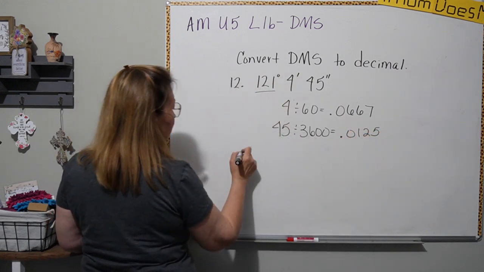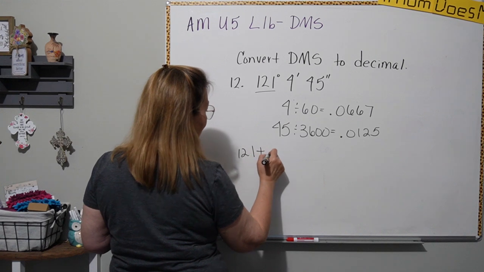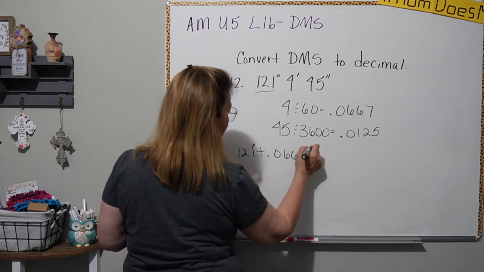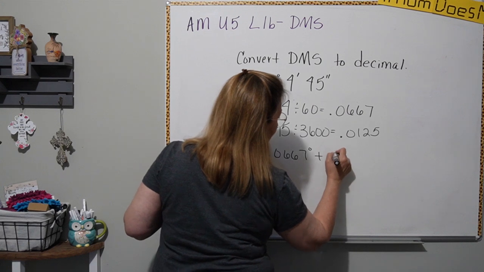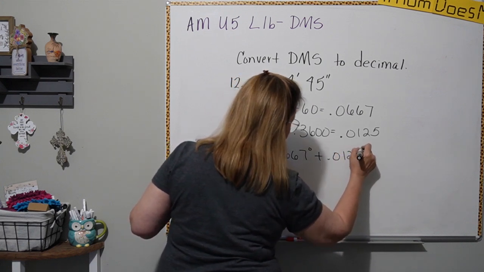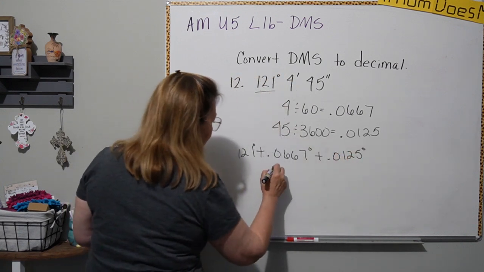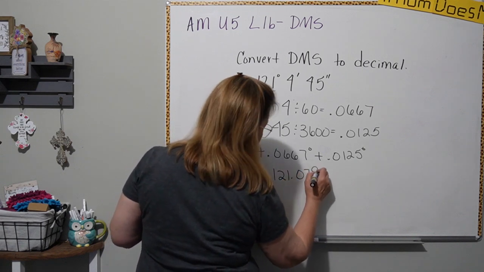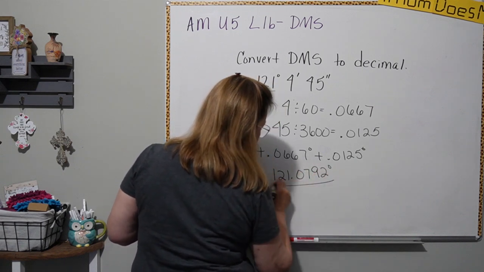So now what we're going to do is take 121 and we're going to add 0.0667, these are all degrees, plus 0.0125 degrees, and we're going to get a final answer of 121.0792 degrees.